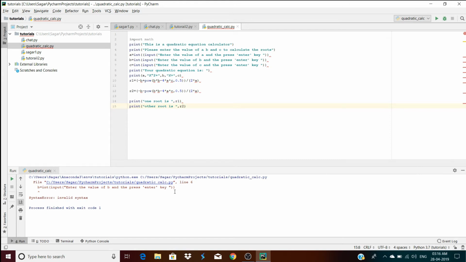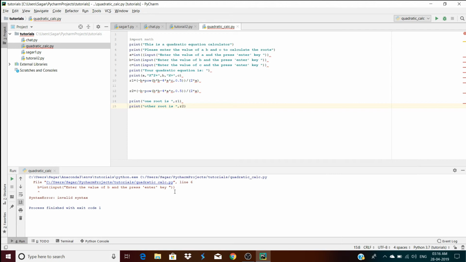Int of... okay, instead of doing it in this way, let us just convert a, b, c to int in our next statements. Fine. So up till here would be clear for you.